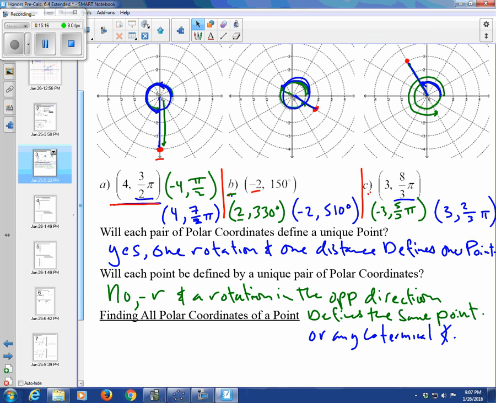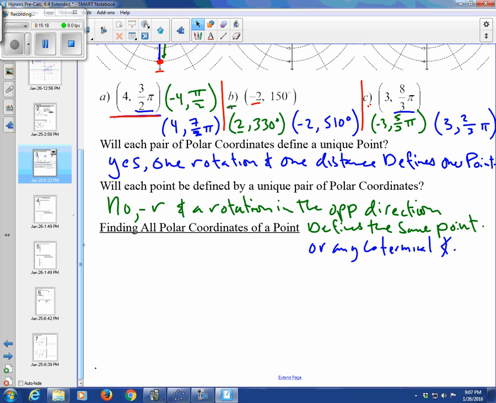All right, so in general right here, let's say we have a point (r, theta). We could have an ordered pair that would define the same point if we had an r value with any coterminal angle to theta.